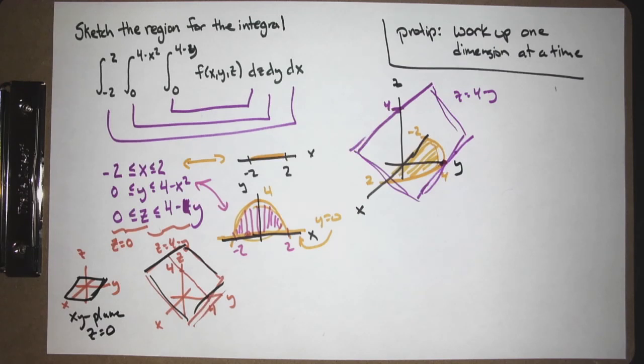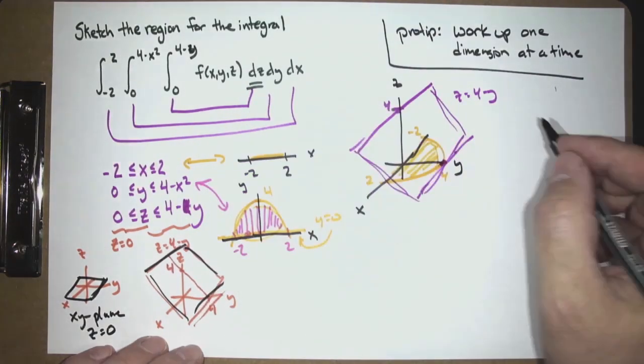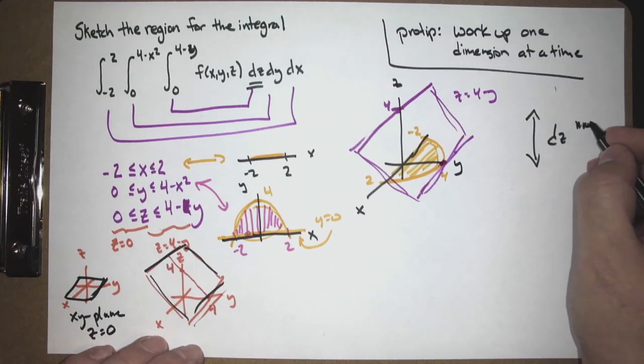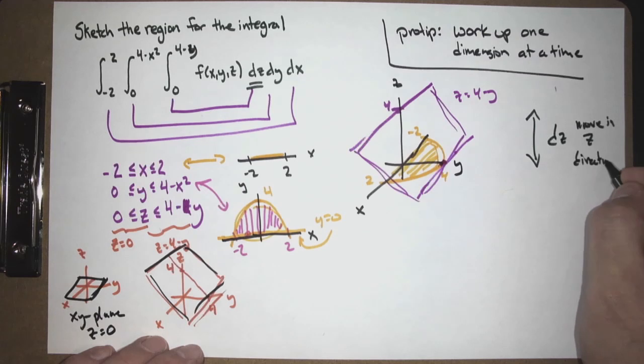Okay, so what's happening? When I'm looking at this dz term, I'm thinking about going up and down. dz says move in the z direction. So I'm moving parallel to the z-axis.